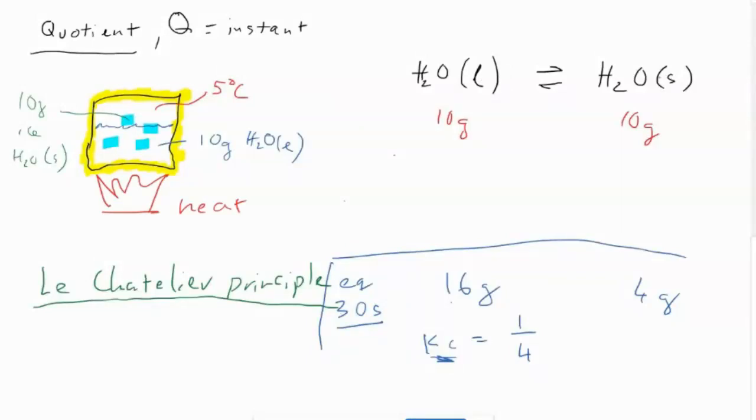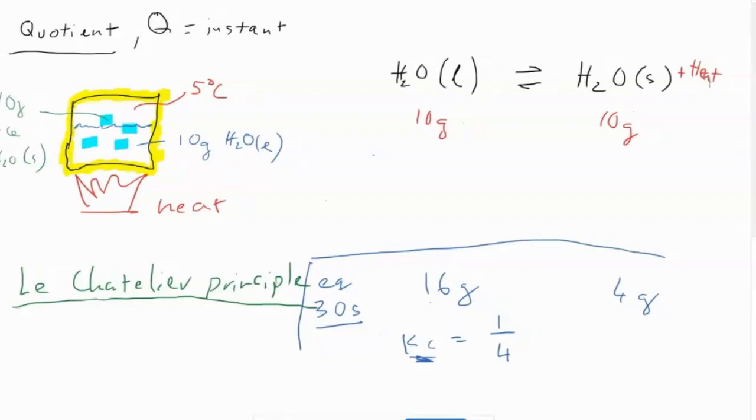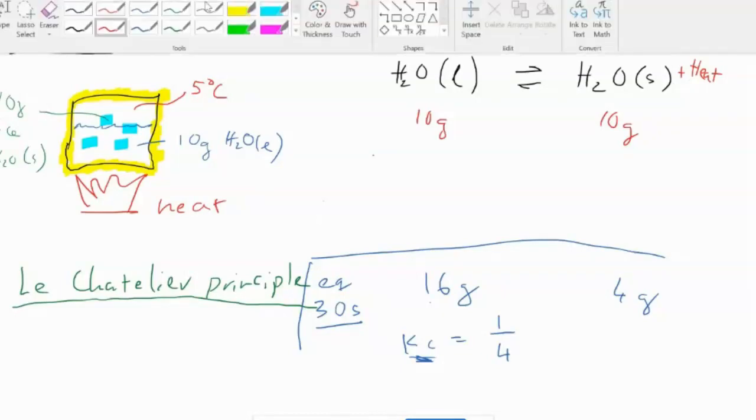In order to become liquid water, it has to have heat, isn't it? So this process of liquid water becoming solid water is an exothermic reaction, and heat is part of the product.